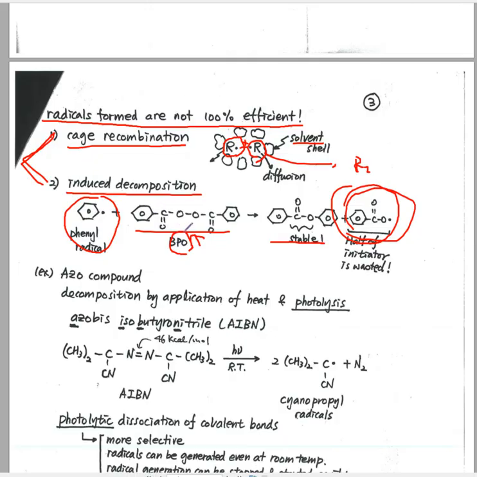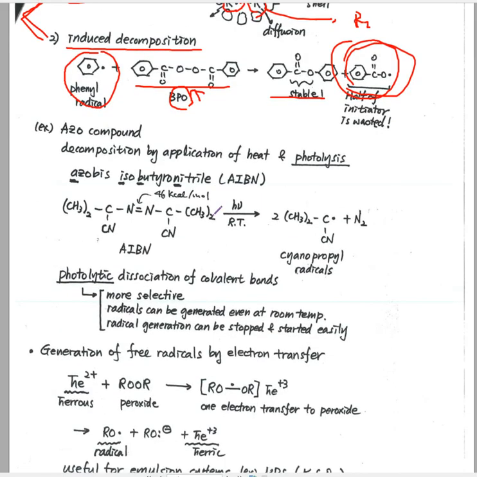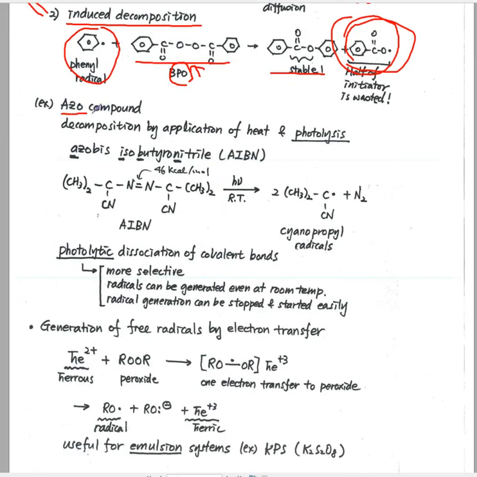So this is an example of the initiator. Another representative initiator is the azo compound. Azo means basically a nitrogen double bond. The decomposition of the azo compound can generally be performed by heat and also by light.